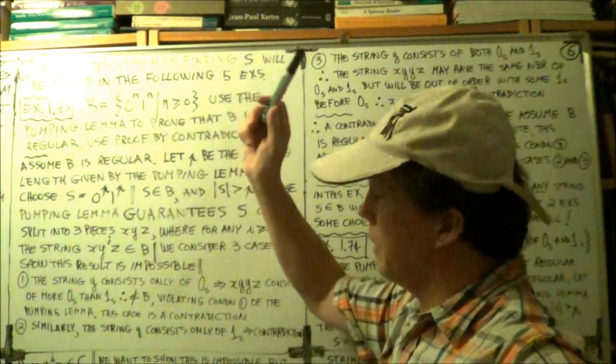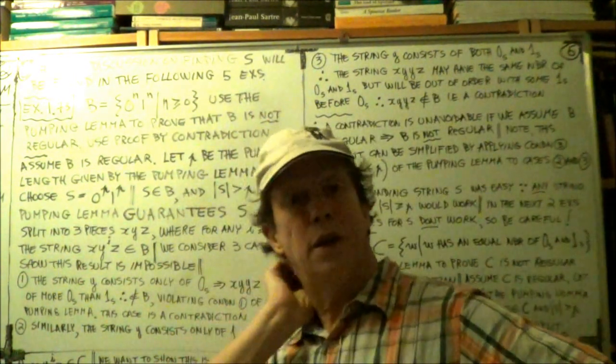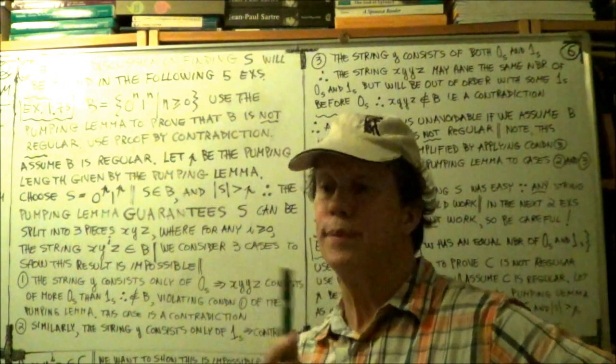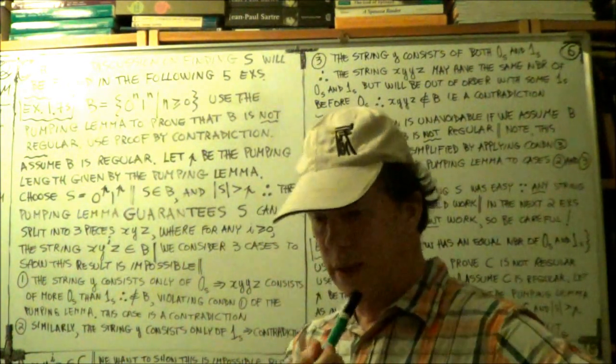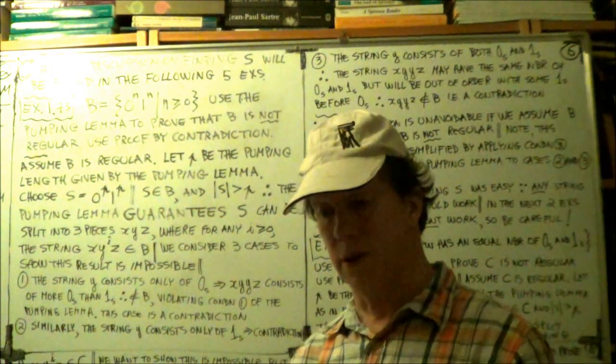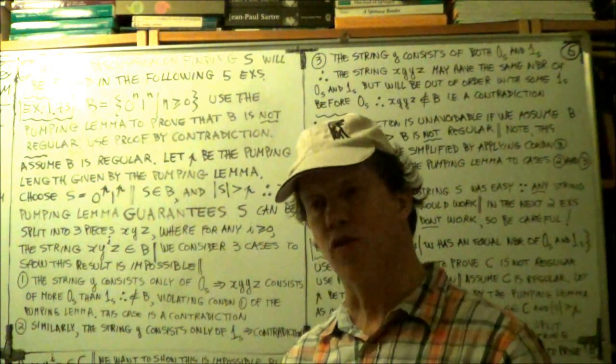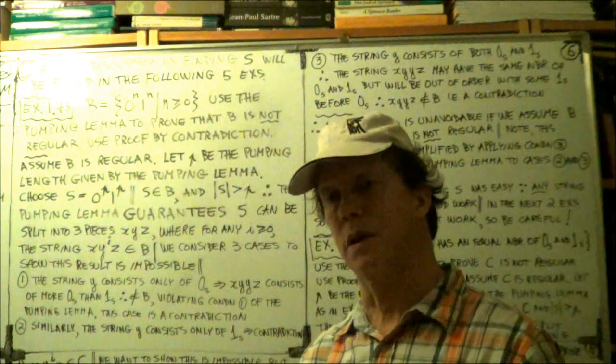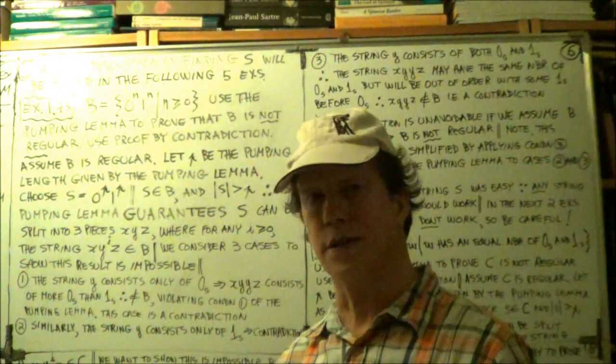Right. So in each case we're given a language, a set of strings, and each language is described by a property that each string in that language has.